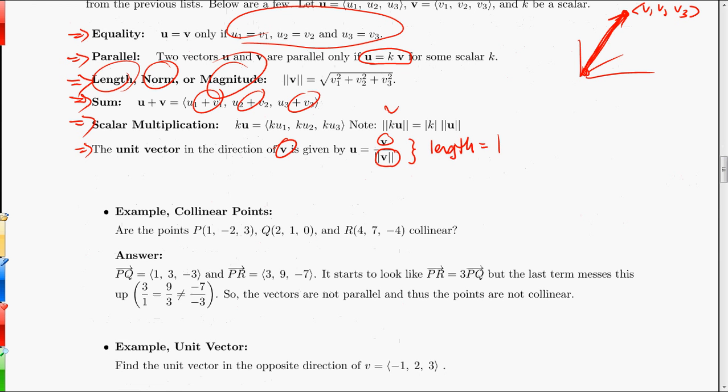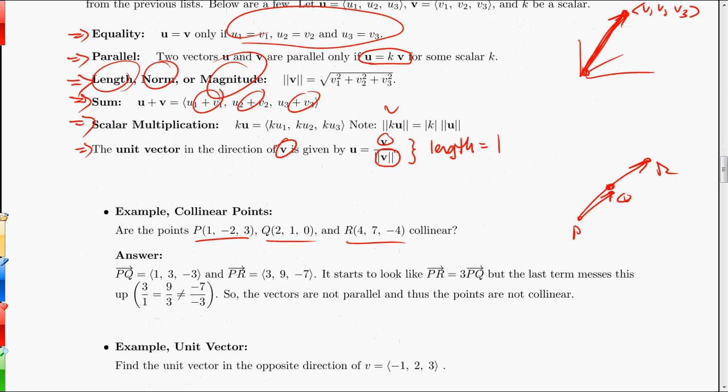This proceeds exactly as it did in the last chapter for 2D. If I have 3 points and I want to determine whether or not they are collinear, suppose I have P, Q, and R, the trick is to take PQ and then take PR and see if one is a scalar multiple of the other. If they are scalar multiples, they are parallel, and Q actually resides in there, or they all fall on the same line.